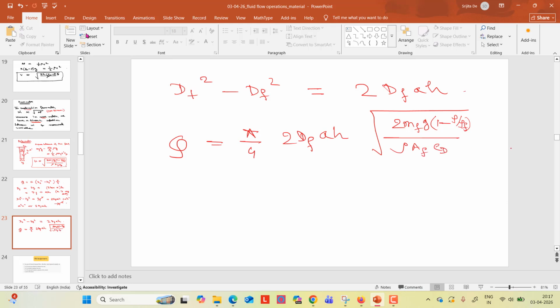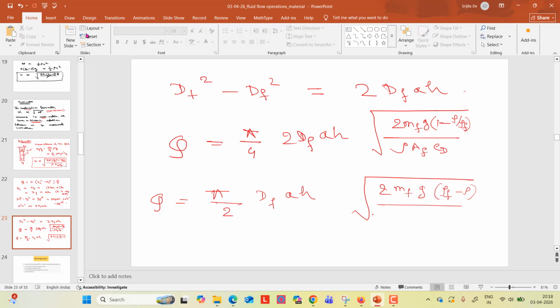Also we can write it like q equals pi by 2 df into 2 mf into g into rho f minus rho divided by rho f into rho into af into cd, right?